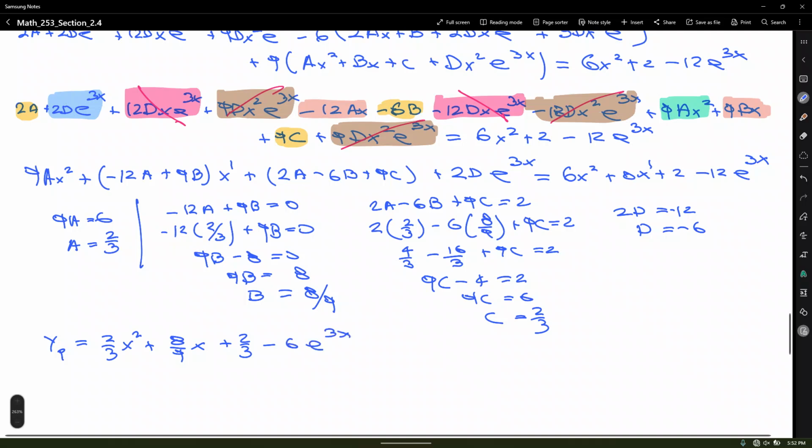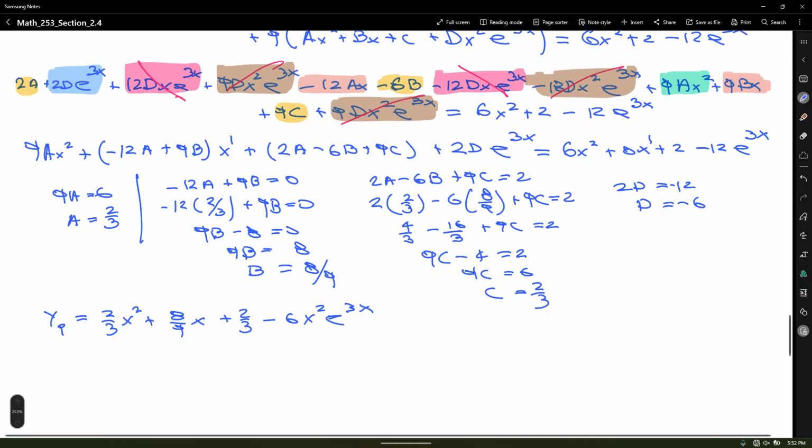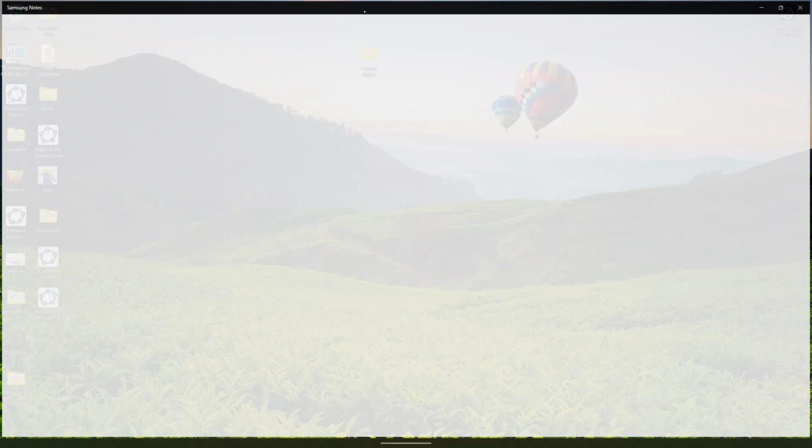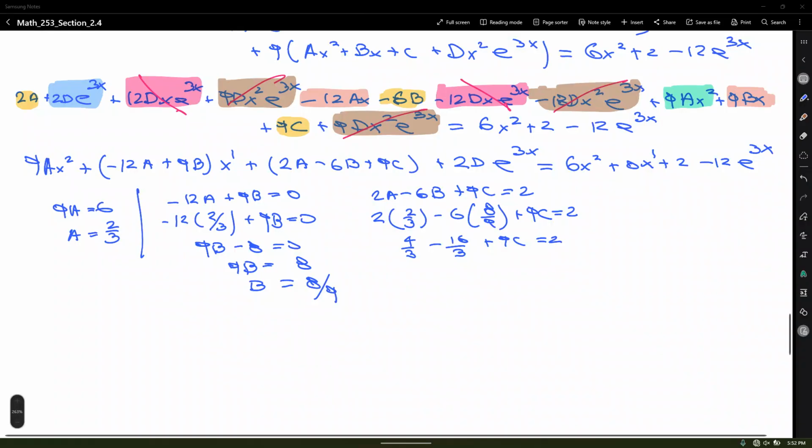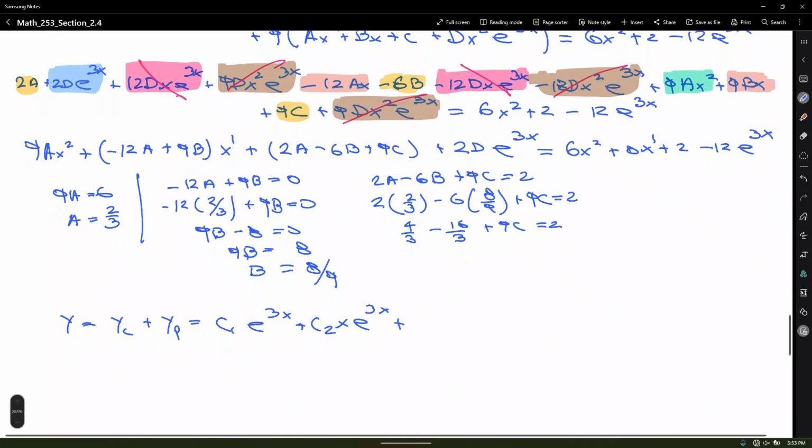Actually, minus 6x squared e to the 3x. So now let's write the general solution, which is y equals y sub c plus y sub p, which is c1 e to the 3x plus c2 x e to the 3x plus, oh my god, that polynomial went away.